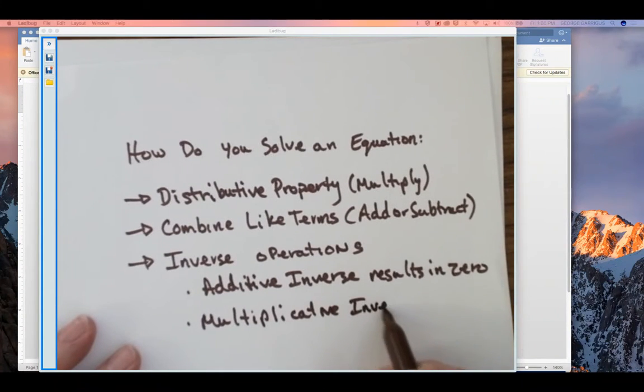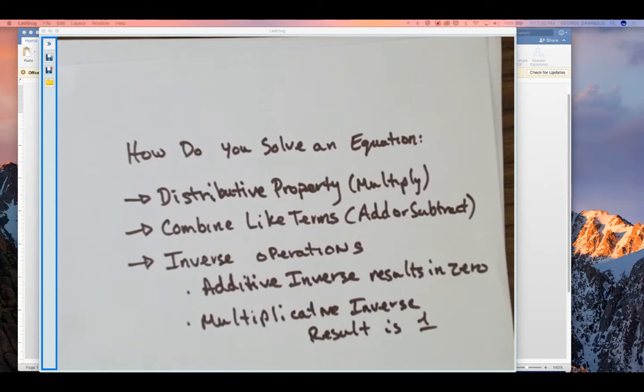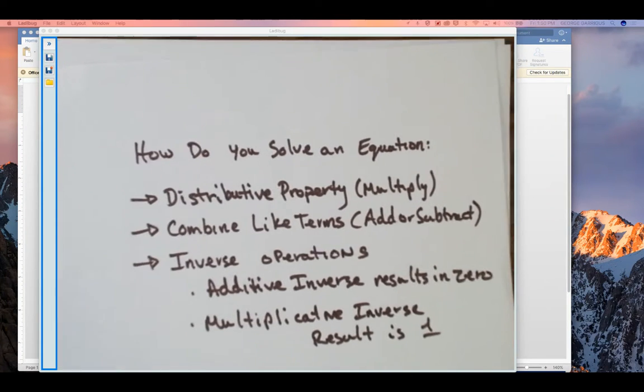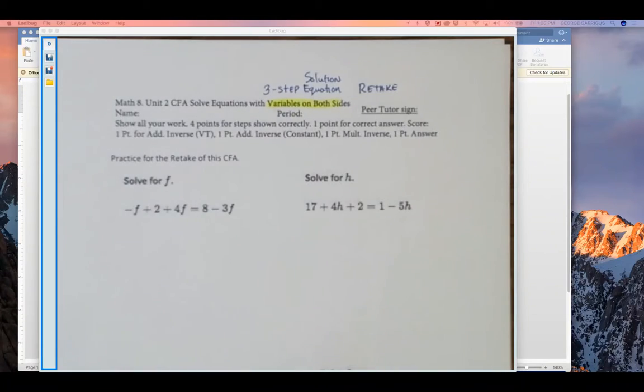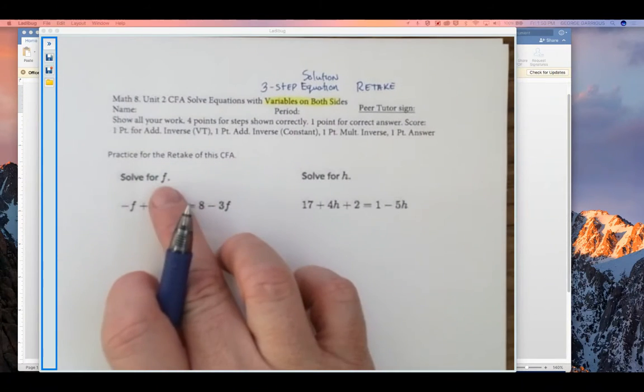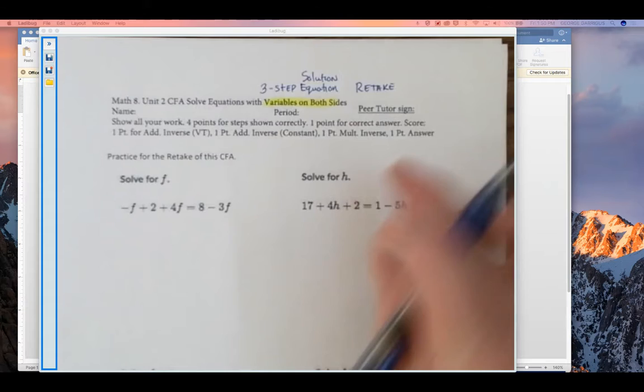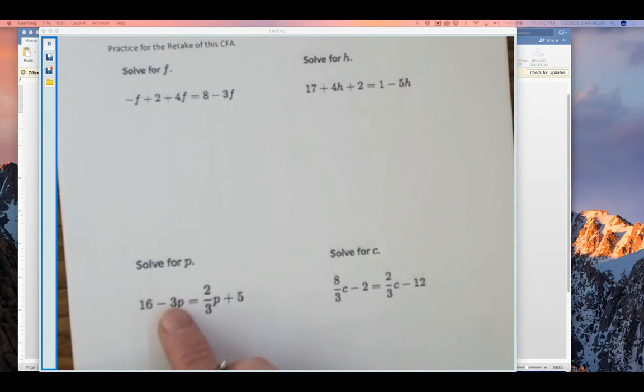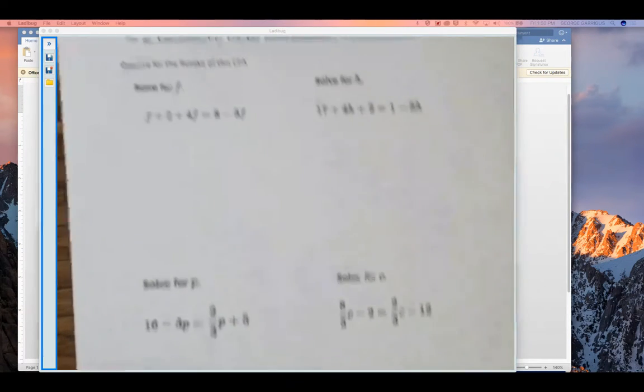That multiplicative inverse, the result is 1. And that's your goal. You want to do that so you can get to the 1x or whatever your variables are. We have different variables in this situation. We have f here in this first problem, and then h. And then we're going to solve it for p, and then we're going to solve for c.